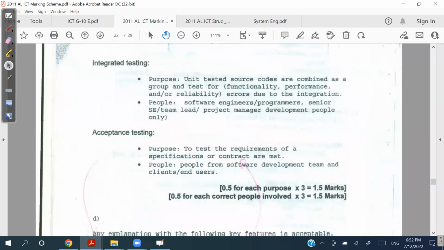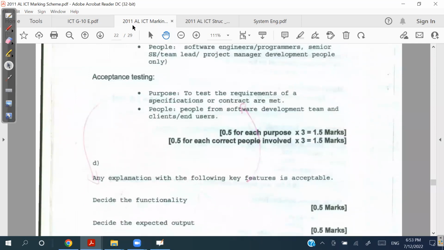And acceptance testing, the purpose is to test the requirement of a specification or contract are met, which is done by the client, right? So the people, definitely the client should be there. The software development team, or like senior software engineers kind of people should be there.